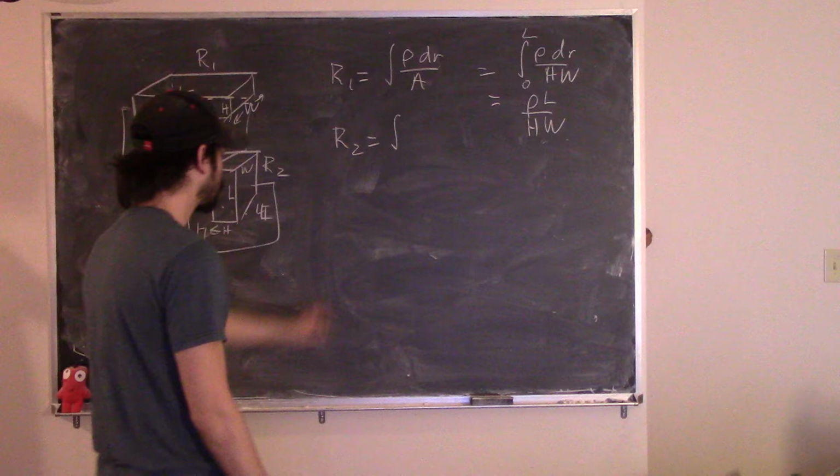We can actually cancel a W. And so what this says is that L squared is going to be equal to 4H squared. And I can take a square root of this. And when I do that, I end up seeing that L is equal to 2 times H. Okay? So that's what we were looking for.